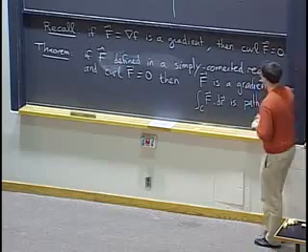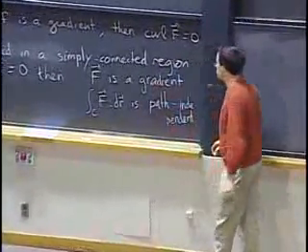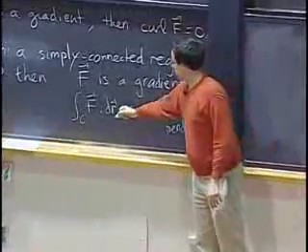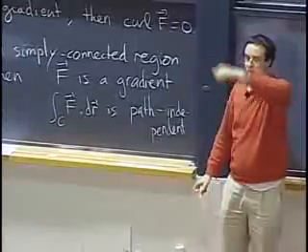F is conservative and so on, all the usual consequences. Remember, these are all equivalent to each other. For example, because you can use path independence to define the potential by doing the line integral of F.